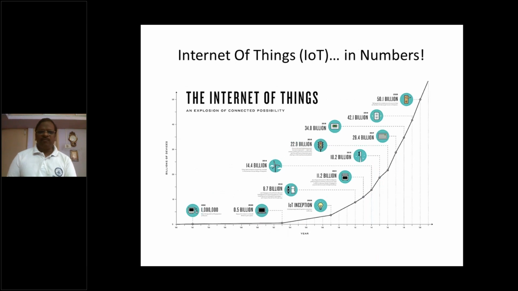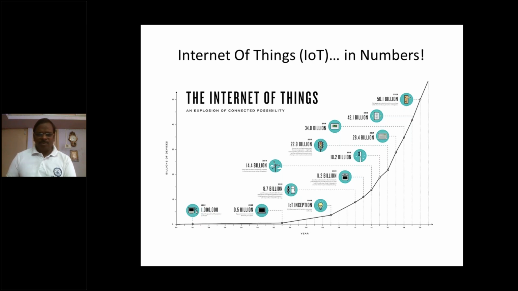Then IoT in numbers, how the IoT is currently utilized. You know that very well. In earlier days, only about 0.5 billion people were utilizing the Internet of Things.